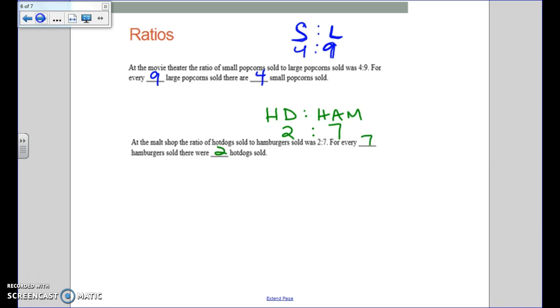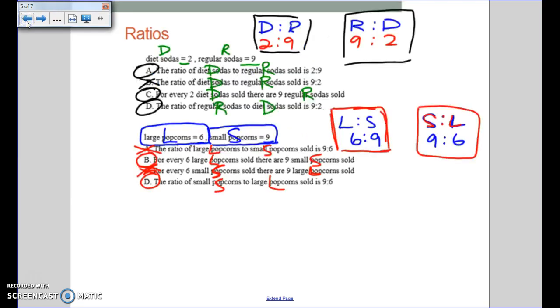Now I did notice on this last question here with the popcorn that this ratio on the second problem would reduce. Because the multiple choices aren't in reduced form, I didn't go through the trouble of reducing the large popcorn to small popcorn, but I think a better ratio of large to small would really be 2 to 3, and small to large would be 3 to 2.